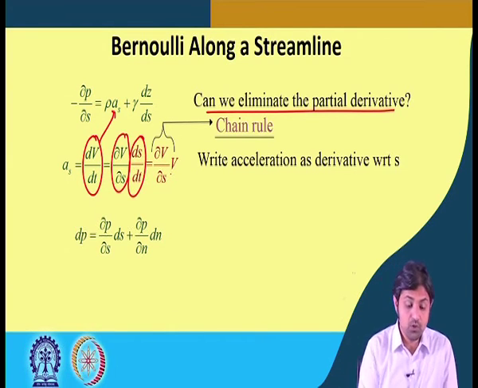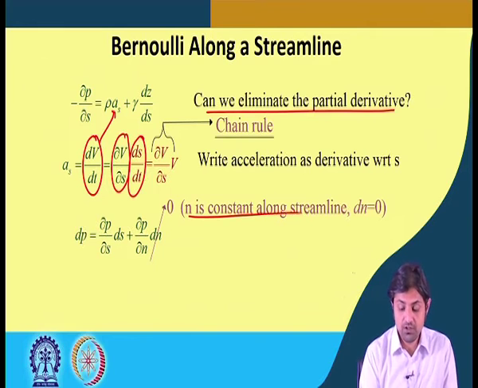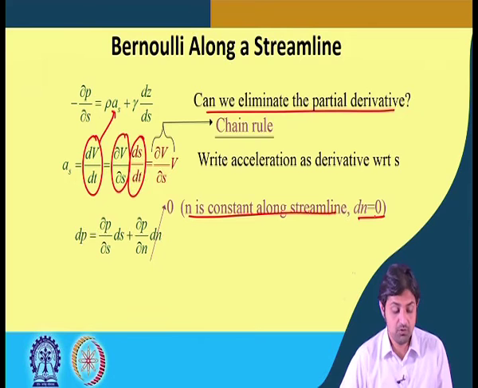So the total change in pressure can be written as dP is del P del S into ds plus del P del N into dN. N is constant along a streamline, so dN is equal to 0, therefore this term goes.